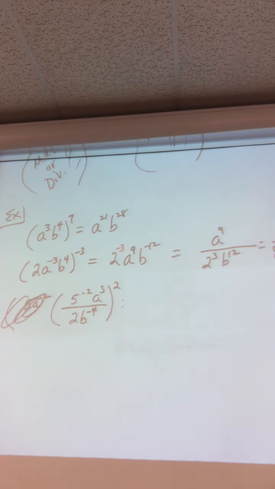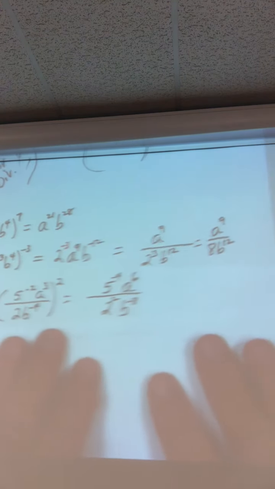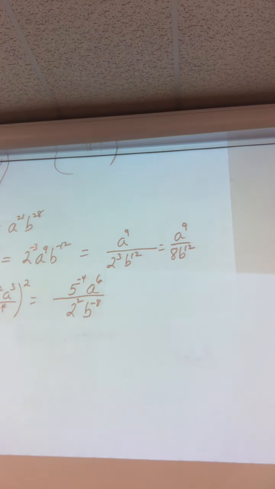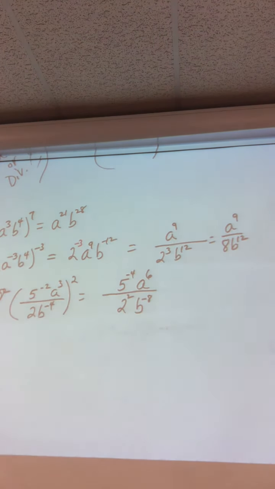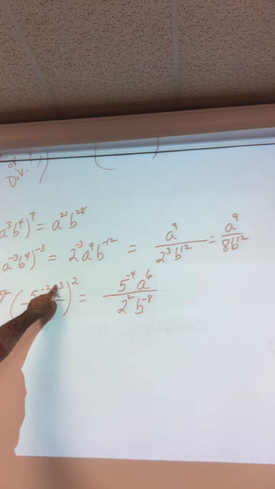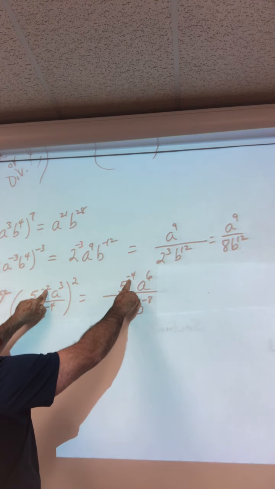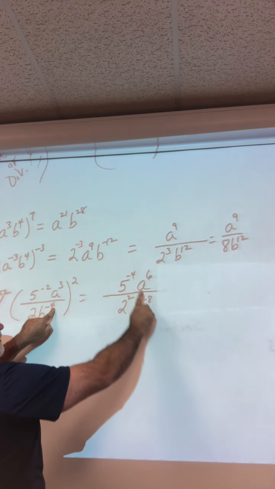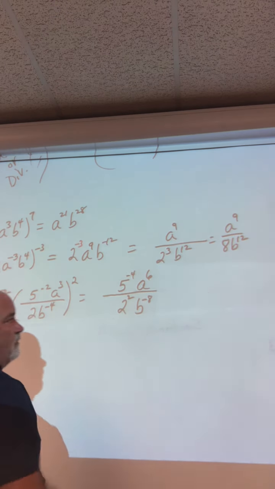When I do that, I get this. Let's see, make sure I cut this off any. Okay, so I've got 2 times 3, 6. 2 times negative 2, negative 4. 2 times negative 4, negative 8. 2 times understood 1, 2.